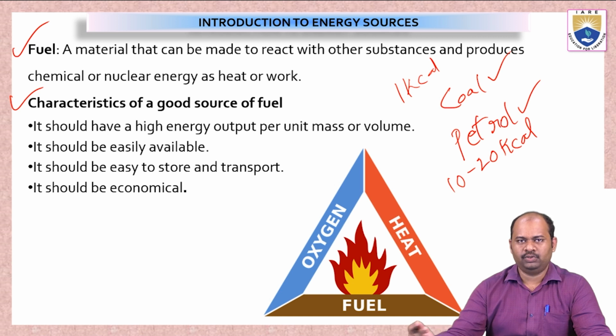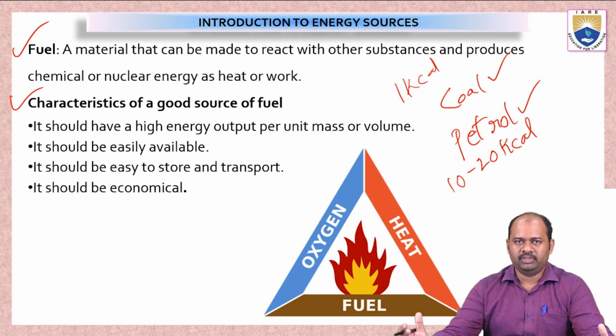When we want to produce energy in large amounts, when we want to give heat in a large quantity, then we can use coal. Or else if a very small amount of energy is required, like in the example of IC engines, where the engines are very small in size when compared to the furnaces or coke chambers which are used for coal, the IC engines use petrol or diesel.